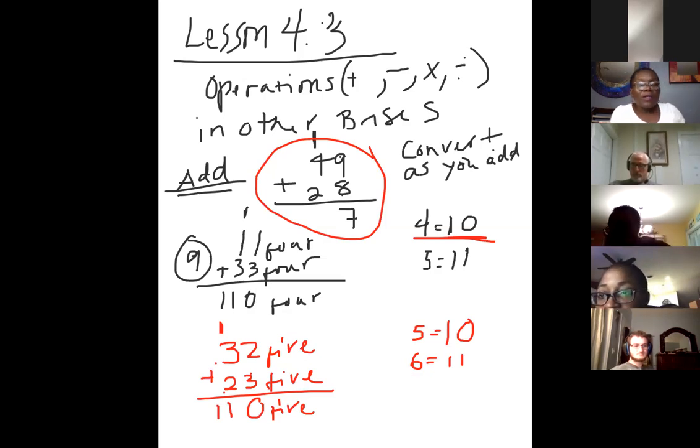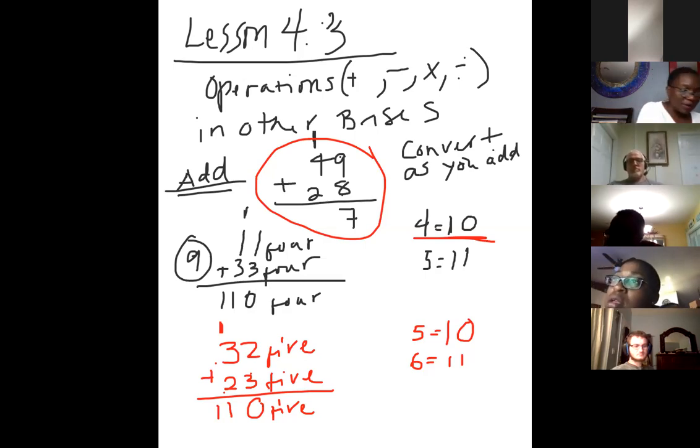Okay, now when you say these numbers, you got to say the digits individually. So it's 3, 2, base 5, 2, 3, base 5, okay? If you say 32, you say 23, you're implying base 10, and we're no longer in base 10. So when you're adding here, Valerie, you add the 2 and the 3 together, that gives you 5.